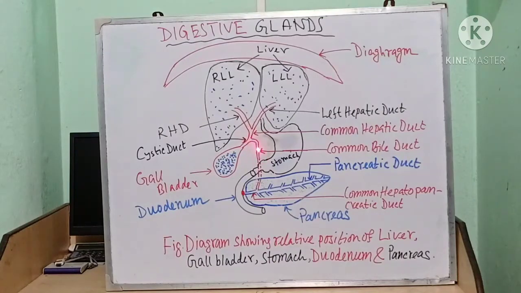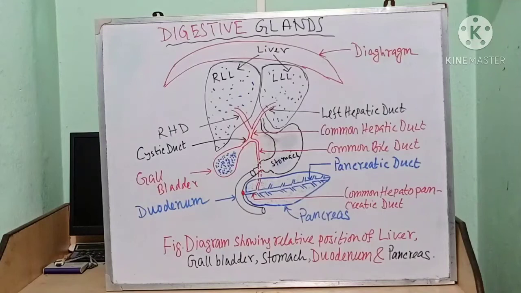Why is it a common bile duct? This is the common hepatic duct and this is the common bile duct. See here, this cystic duct unites with the common hepatic duct to form the common bile duct.